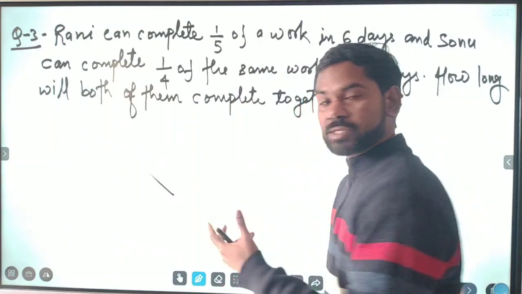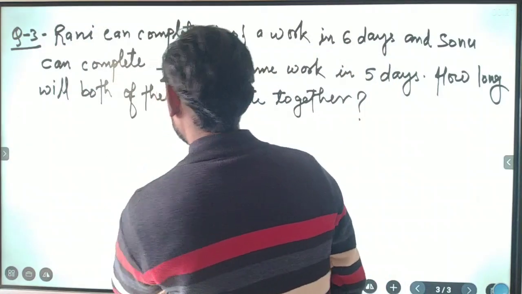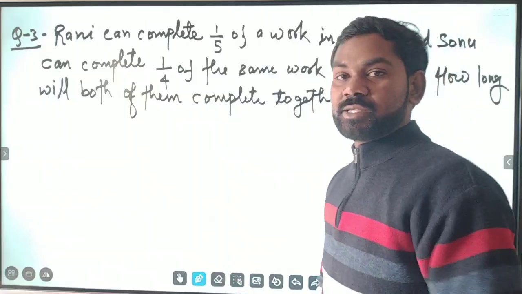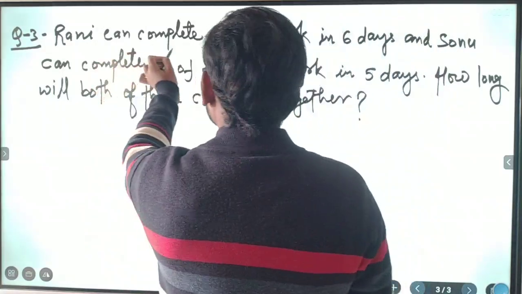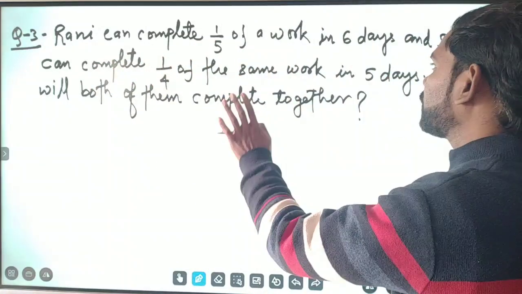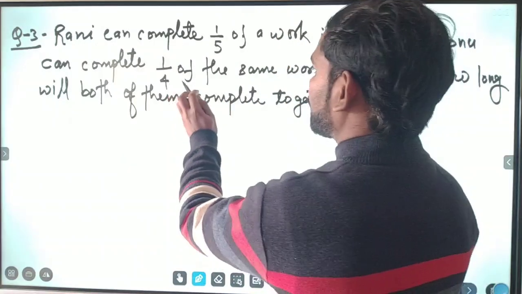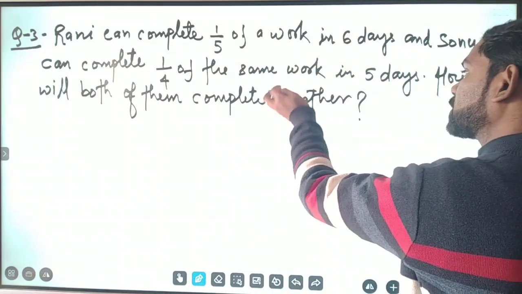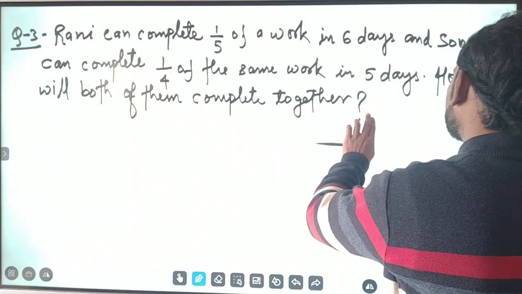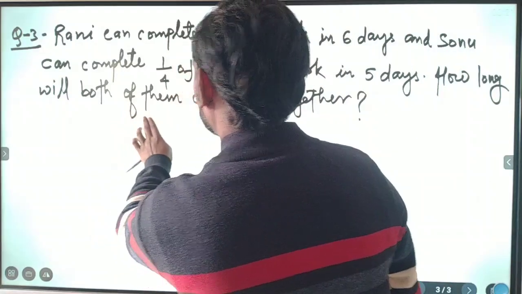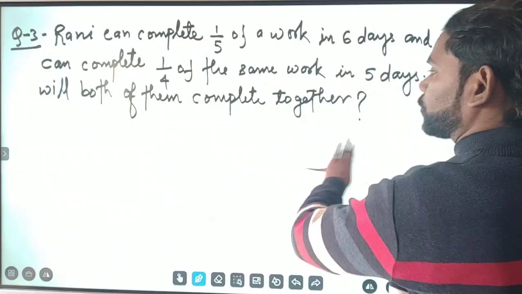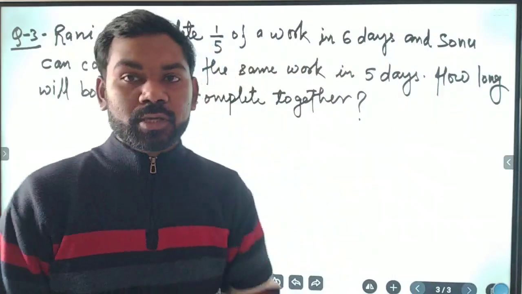So this is the next question, and in this question we can see that Rani can complete 1/5 of her work in 6 days, and Sonu can complete 1/4 of the same work in 5 days. How long will both of them take to complete it together? So this is the question.